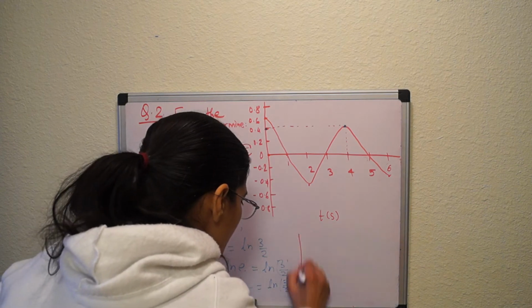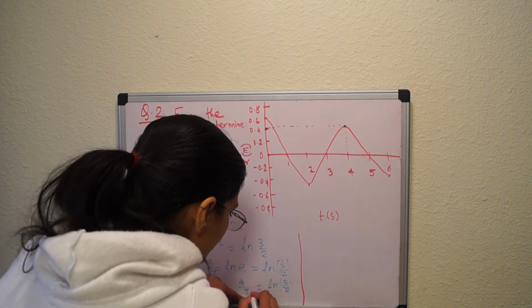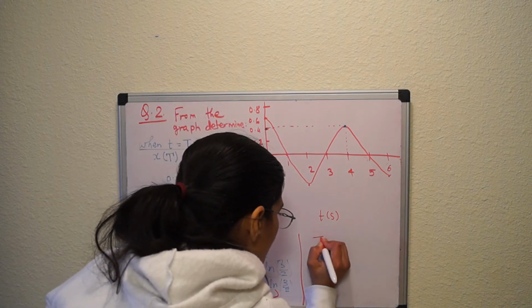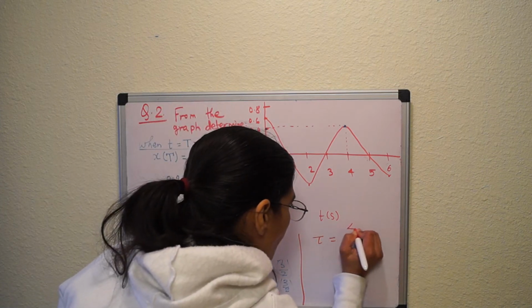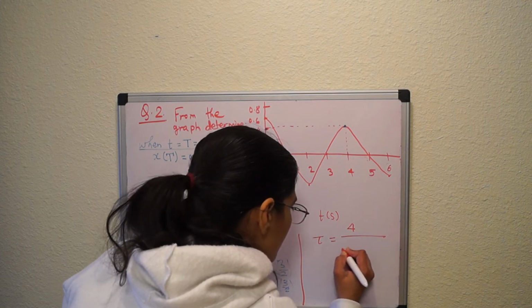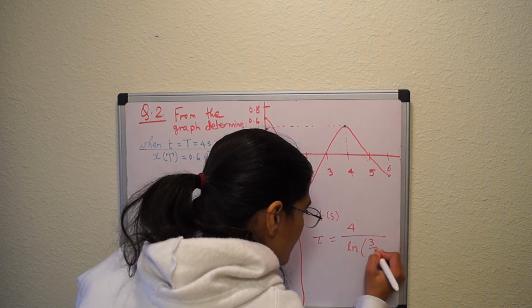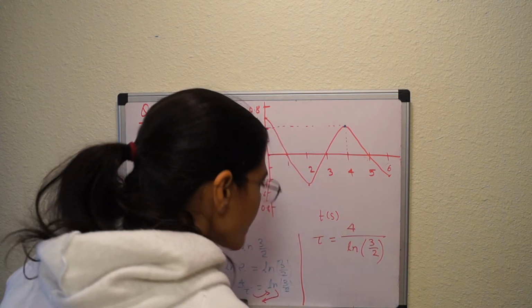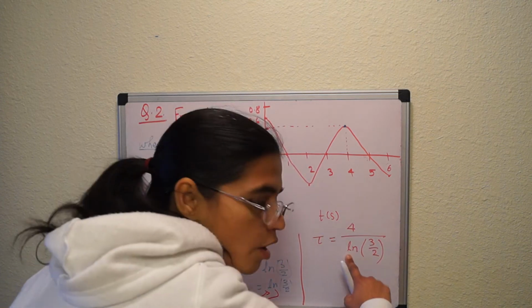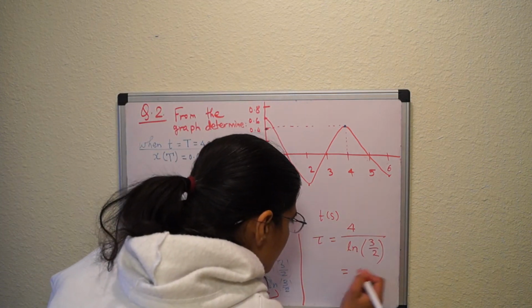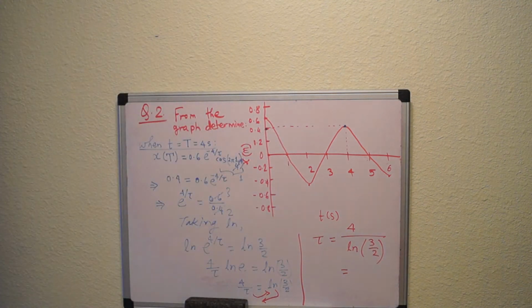Alright, so I'm going to erase this here. Basically, we can take this tau over here and bring this log down here. So we can write tau equal to 4 divided by ln 3 by 2. Put this in your calculator. Make sure you use the natural log, not the base 10 log. That's important, and write down the value you get.